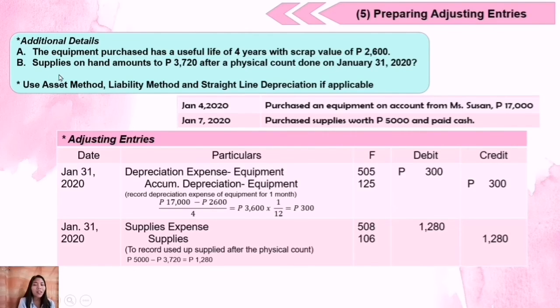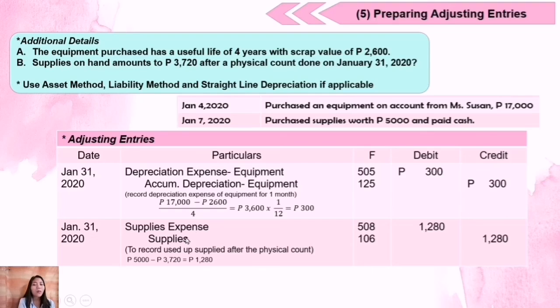For supplies on letter B, supplies on hand amount to 3,720 from the original amount of 5,000 pesos. This is the simplest adjusting entry. Just subtract the two to get the amount of supplies that were used. So 5,000 minus 3,720 remaining, we have used up 1,280.